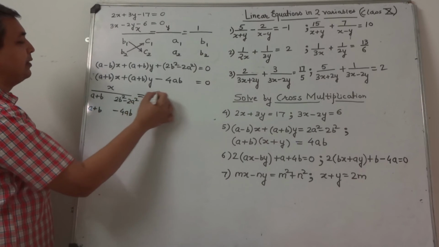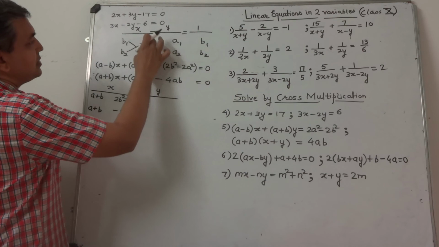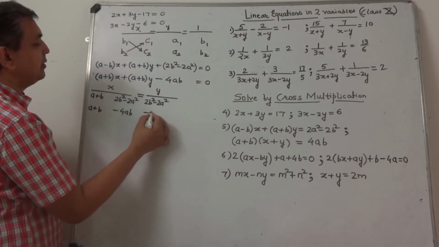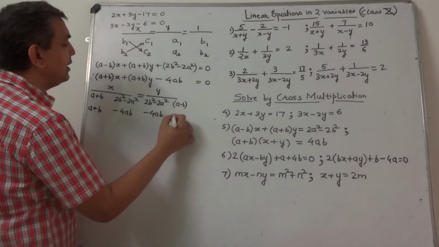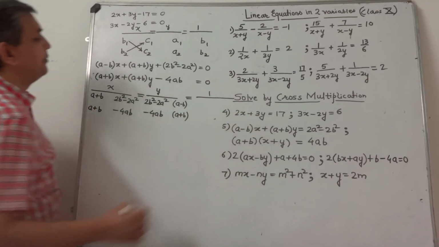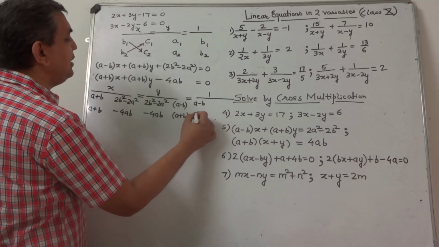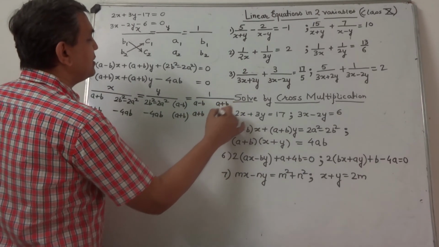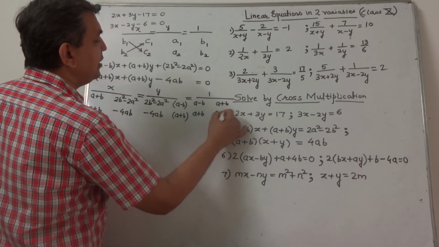Is this clear? Equal to y upon c1 c2 is 2b square minus 2a square, minus 4ab, and a1 a2 is a minus b, a plus b, is equal to 1 upon, we have to write a1 a2, that is a minus b, a plus b, and b1 b2, that is a plus b, a plus b.